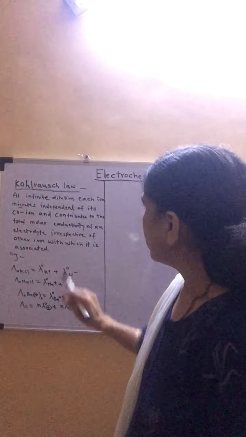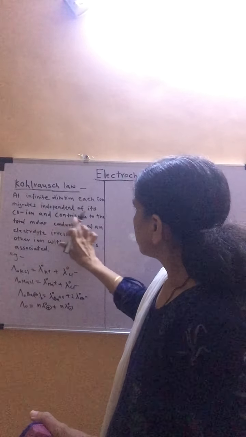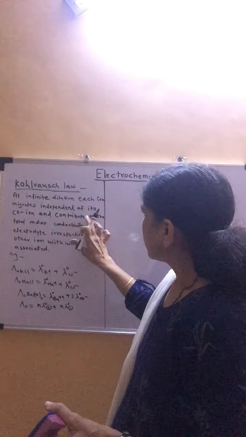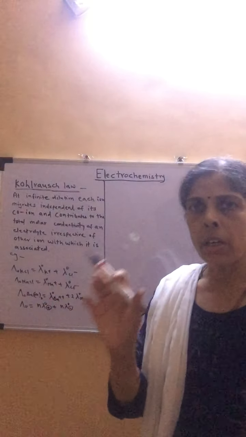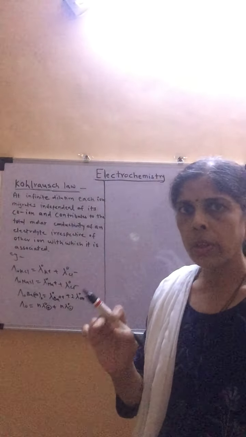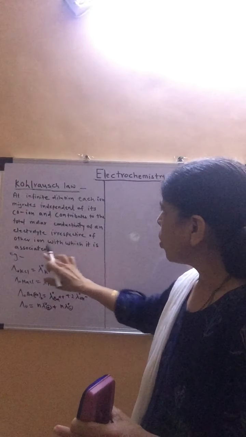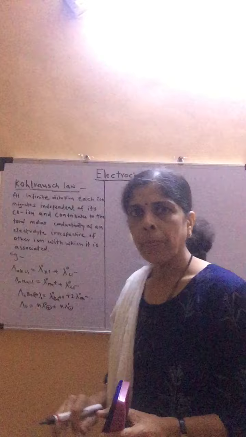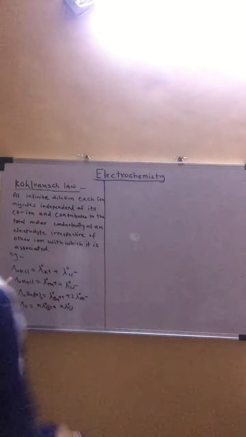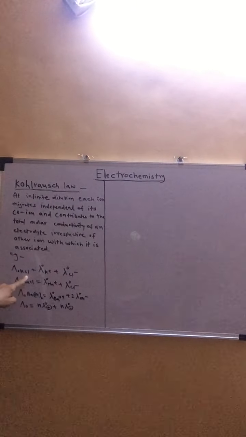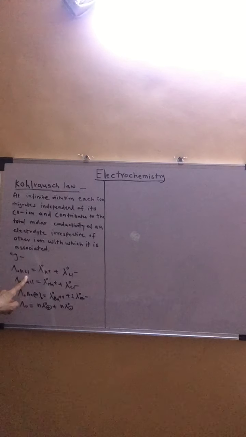Migration of K plus is not affected by Cl minus and vice versa. Each ion contributes to the total molar conductivity of the electrolytic solution irrespective of the other ion with which it is associated. For example, see lambda naught KCl. What is lambda naught KCl?